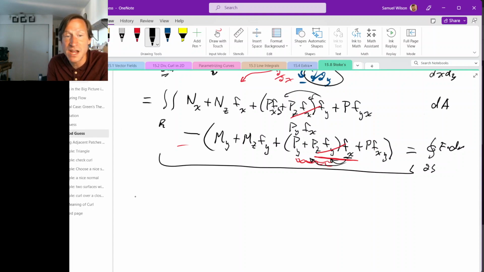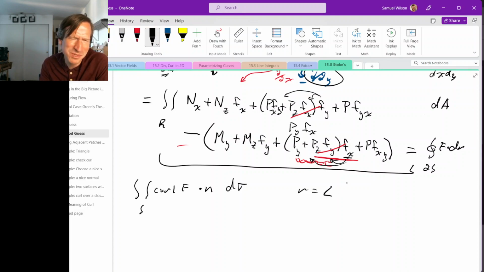Okay, so now we need to write down the integral over the surface of the curl of f dot a normal vector d sigma. Okay, so let's parameterize the surface. Well, for the surface, right, we're assuming the surface was a graph, so it's just x, y, f of x comma y.